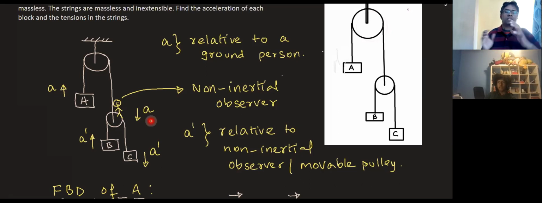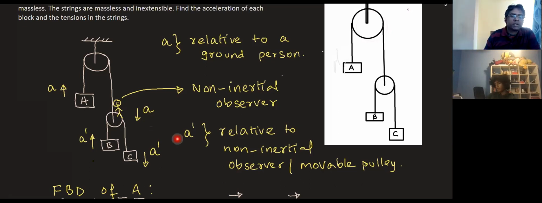Now let's look at it this way. Imagine you have a very strong adhesive. If you place an adhesive between the string and the surface of the movable pulley, that means the string is fixed to the movable pulley.